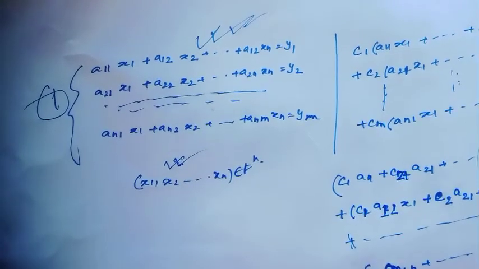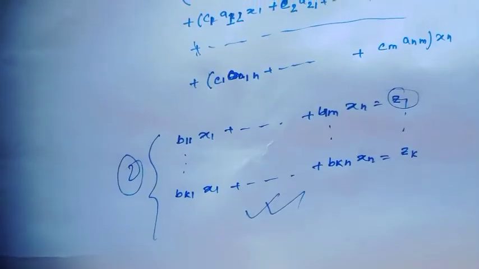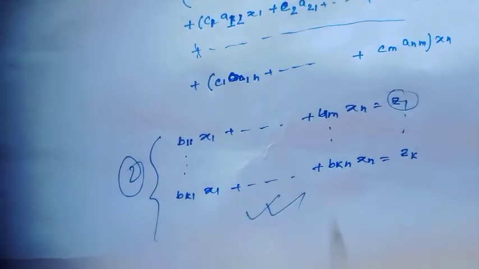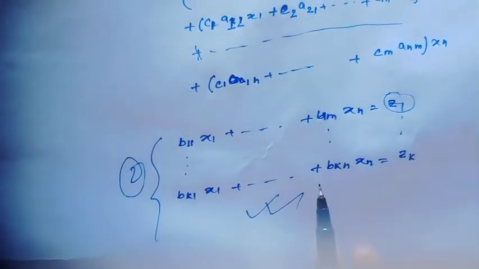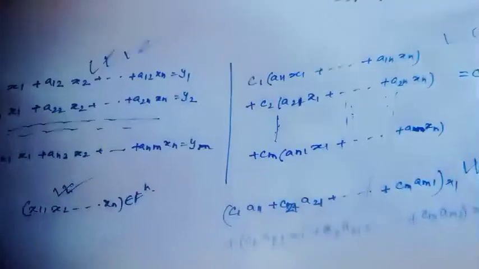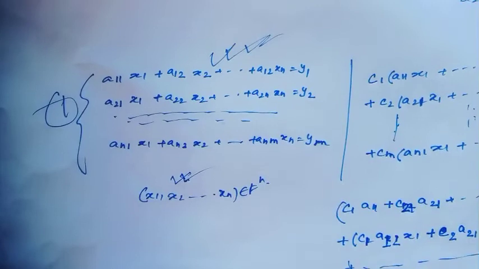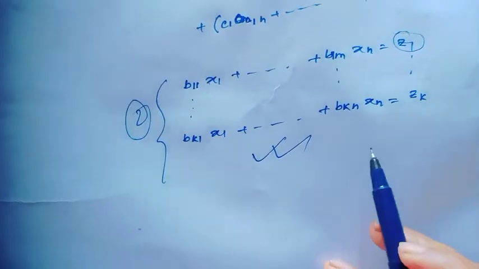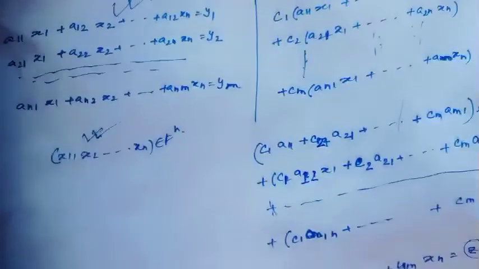Our goal in this lecture is to find when two systems of linear equations are equivalent. Here I have a system of equations that is a linear combination of the original system, and there may exist more solutions than the original system.